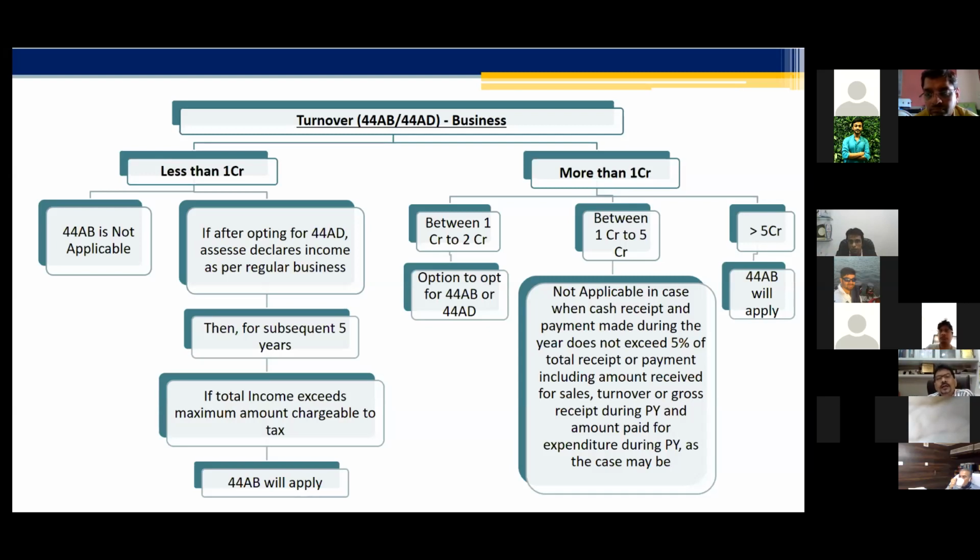So I need not carry out any audit under Section 44AB if my sales, turnover or gross receipts, as the case may be, are less than 5 crores, and out of that, my cash receipts are less than 5% of the total turnover. Similarly, on the payment side, if my cash payments are less than 5%, then I will not fall under the audit. Coming to above 5 crores, 44AB is clearly applicable. There's no question, no discussion.